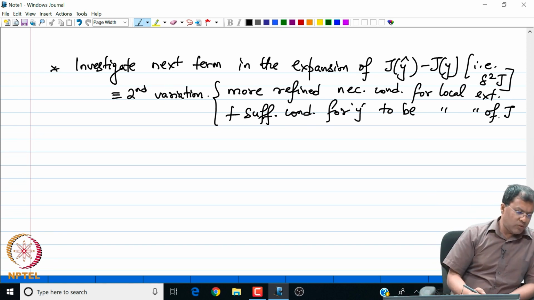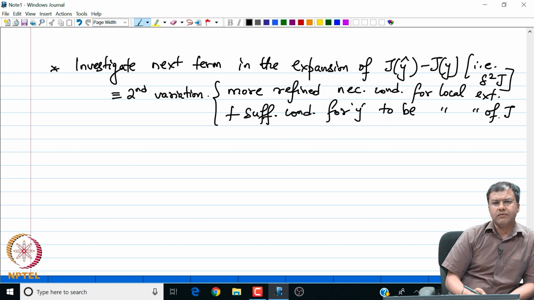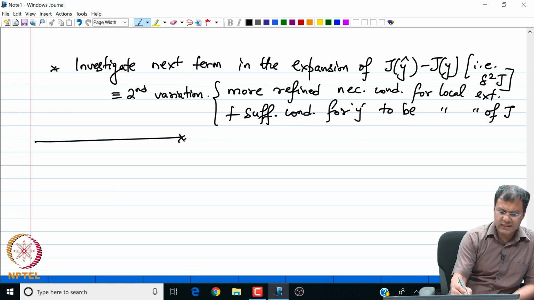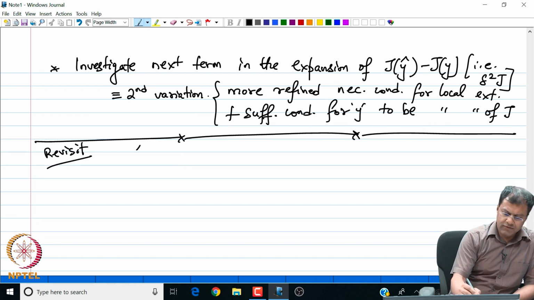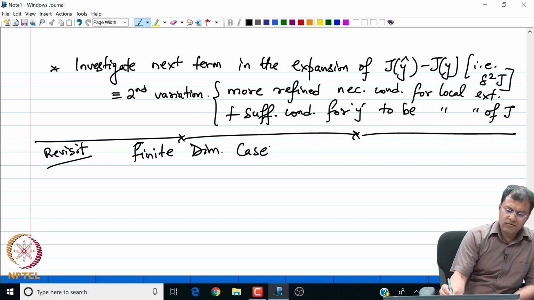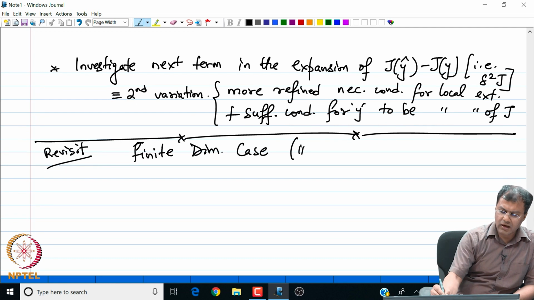I am going to revisit our concepts in finite dimensional calculus related to the second derivative tests. We will revisit the finite dimensional case in R2.